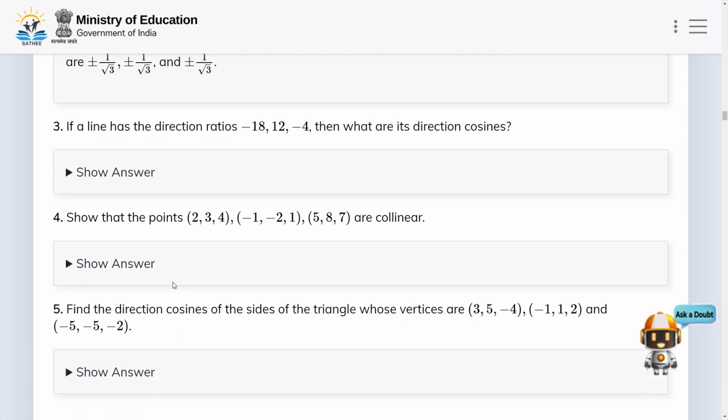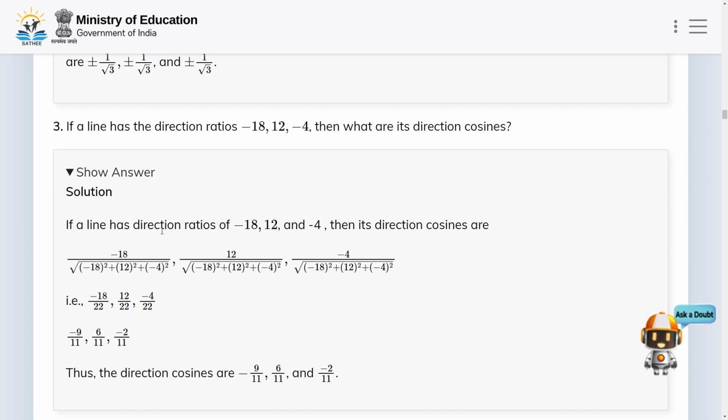if a line has the direction ratios minus 18, 12, minus 4, then what are its direction cosines? Very easy. You have your formula. If a line has direction ratios of minus 18, 12 and minus 4, then its direction cosines are: L is minus 18 divided by the root of the sum of the squares of the direction ratios, which means root of minus 18 whole square plus 12 whole square plus minus 4 whole square.